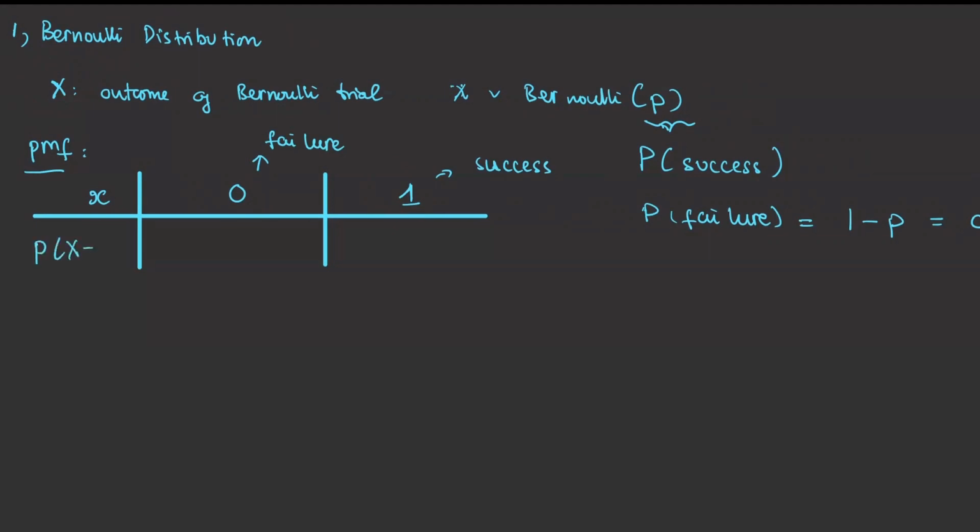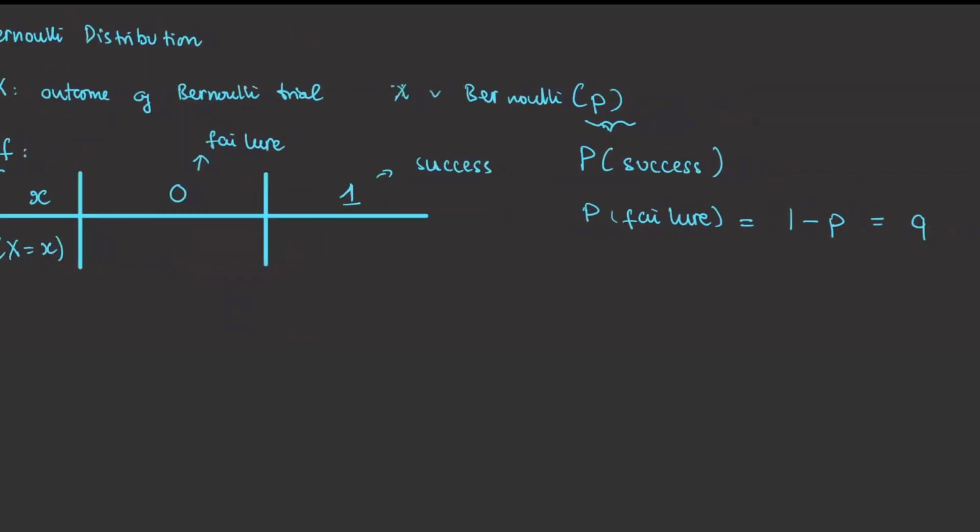And the second row would be the probability that X takes on each value, where the uppercase X denotes the random variable and the lowercase x denotes the actual value. So here I want to fill in the probability that the random variable X takes on value 0. And 0 indicates failure, which means probability X equal to 0 is equal to the probability of failure in our experiment.